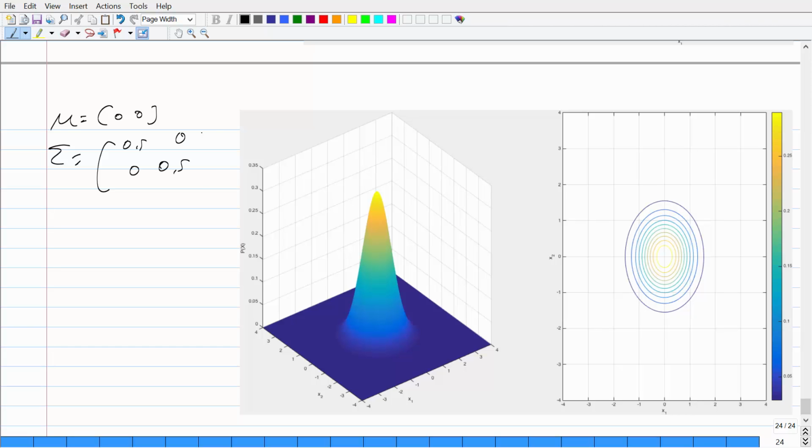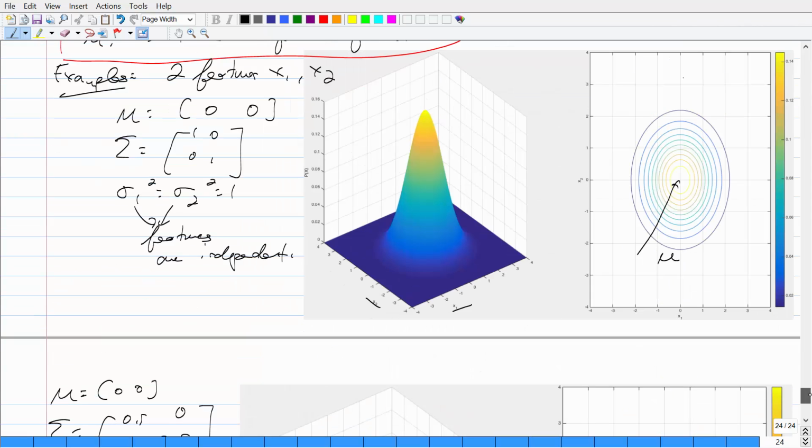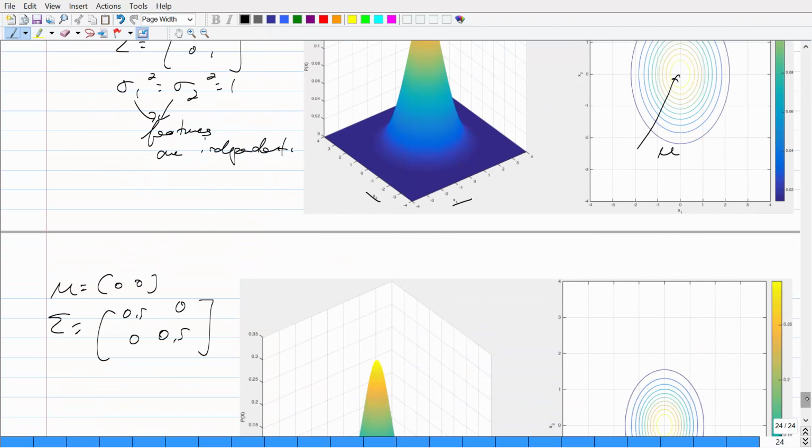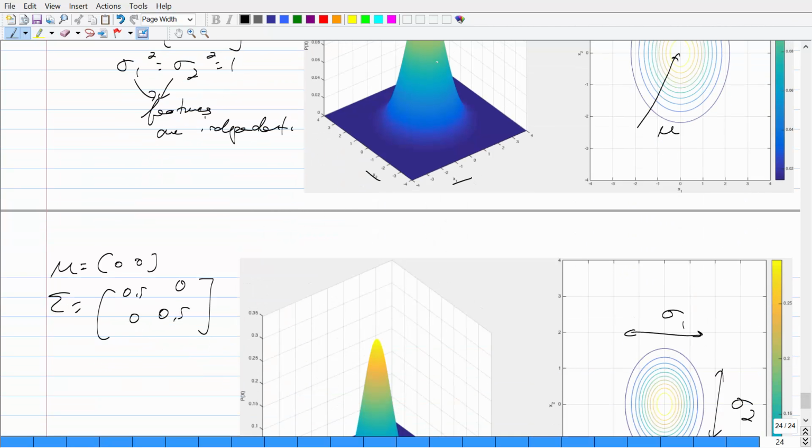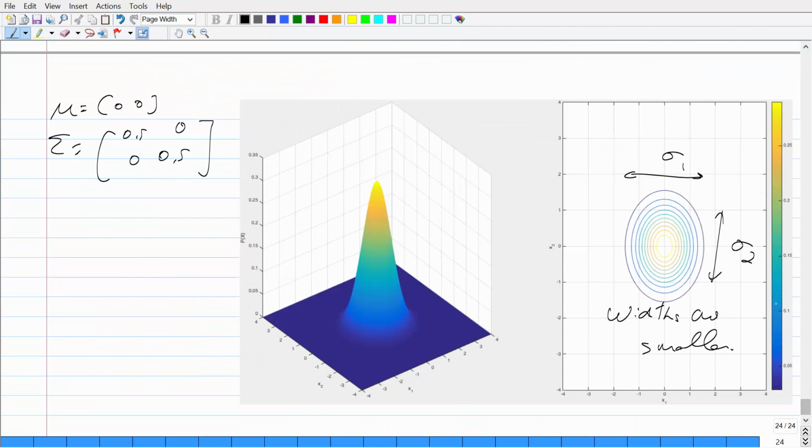Again, this is all independent. Between this one and the top, you'll notice that the width has changed. It's smaller. This is the spread for sigma 1, and this is the spread for sigma 2, and the widths are smaller. On the left, the spread between them is actually smaller. This is what happens when it is independent.